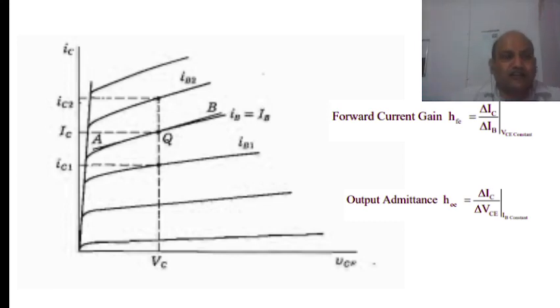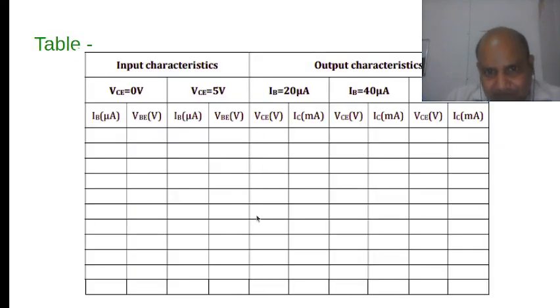How can you calculate it? For this you have to plot the output characteristic of your transistor, that is this curve. For HIE and HRE, reverse voltage gain and input impedance, you will get them from this curve.